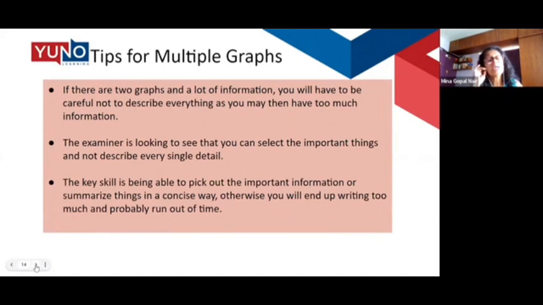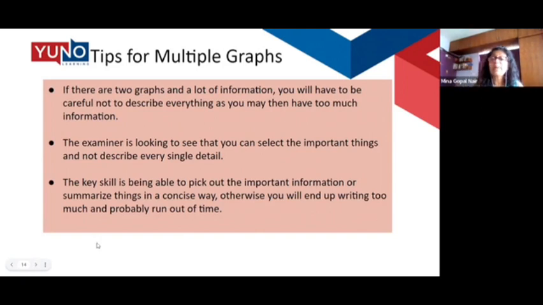Now, if there are two graphs, there is a possibility that there is a lot of information that you see. You will not be able to include everything in your report, because if you try to do that, you might end up writing a lot and messing up your time management. You have to ensure that you write your report within 20 minutes. So remember that every single point that you see in the diagram cannot be included in the report. You have to pick up the most significant features and explain those in your report.